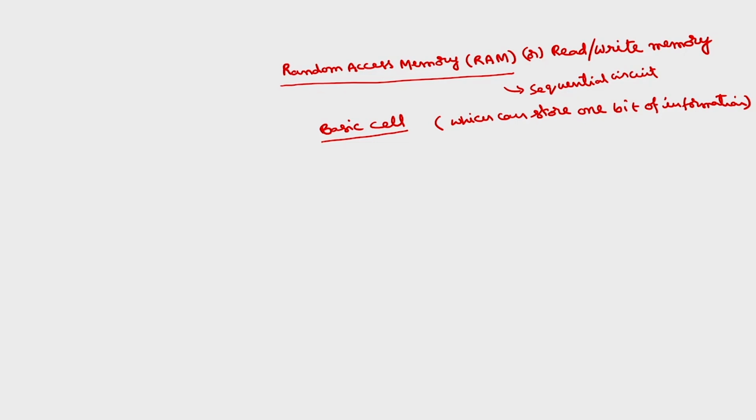So, the 1 bit memory basic cell will consist of basically an SR flip flop. This is R, S, Q, Q bar, and there will be one select signal to select this particular cell, and there will be some output.